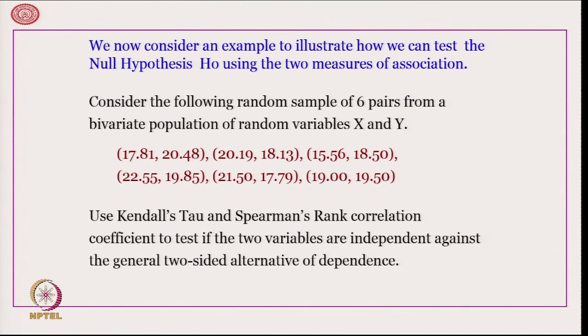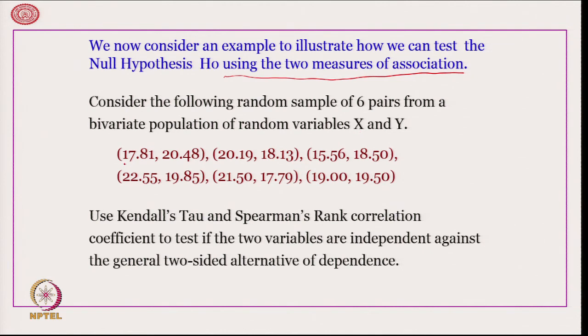We now consider an example to illustrate how we can test the null hypothesis H naught using the two measures of association, that is Kendall's tau and Spearman's rank correlation. So, consider the following random sample of 6 pairs from a bivariate population of random variables x and y.